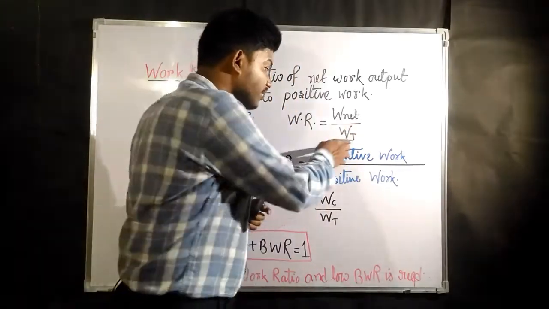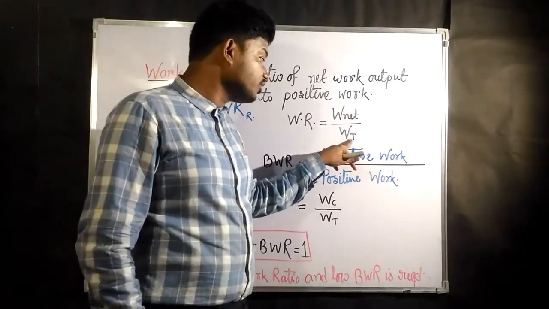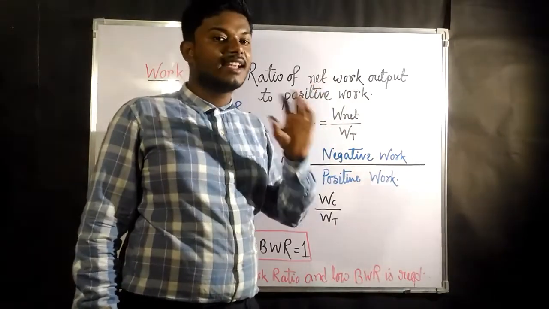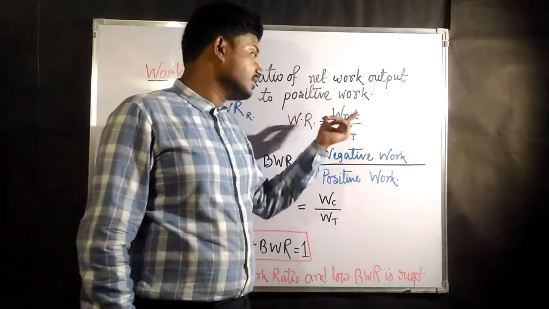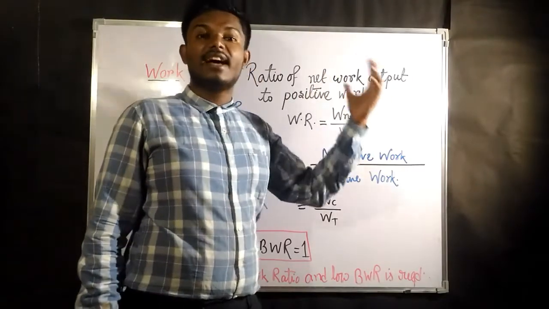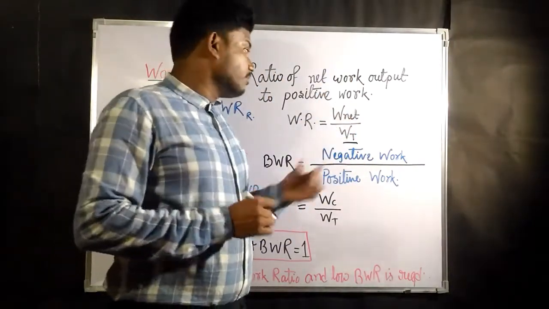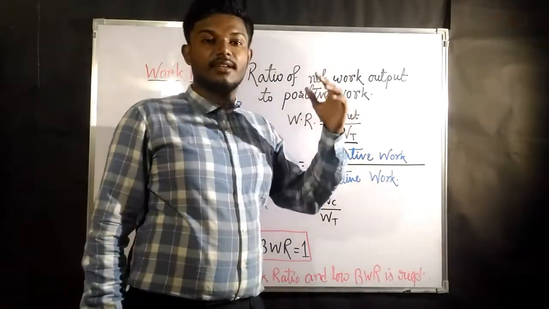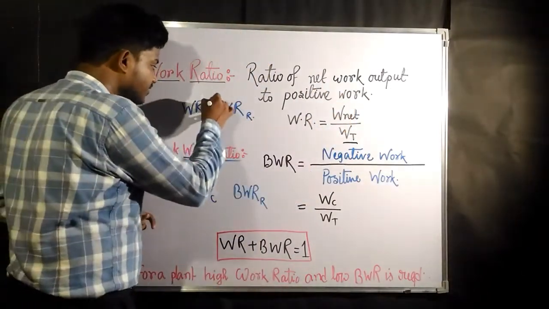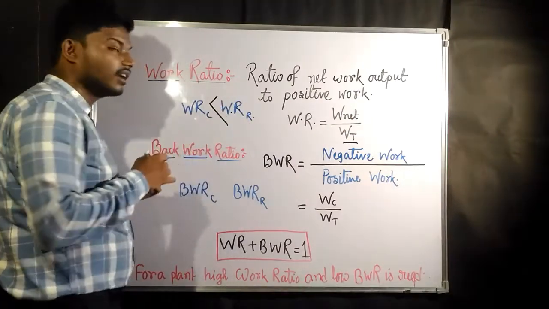We also found that for the same temperature difference, positive work, or work done by the turbine, was the same for both the Carnot cycle and the Rankine cycle. The only different thing was net work, and net work was higher for the Rankine cycle. So in that case, the work ratio for the Rankine cycle is going to be higher than the work ratio for the Carnot cycle.